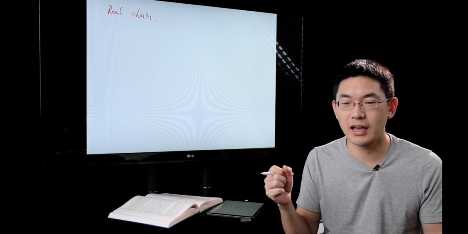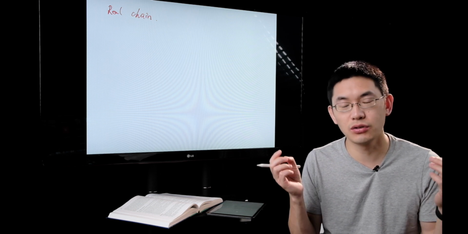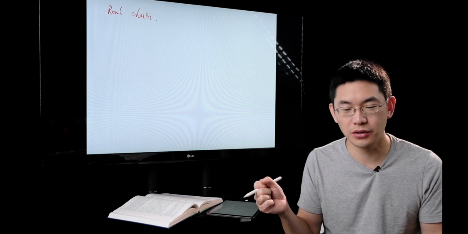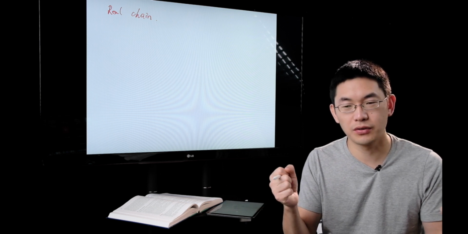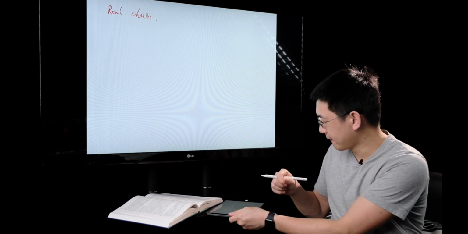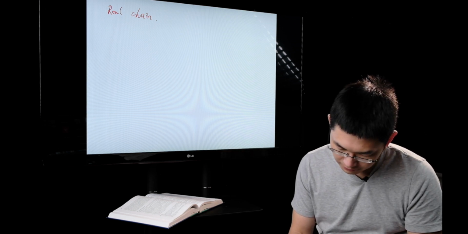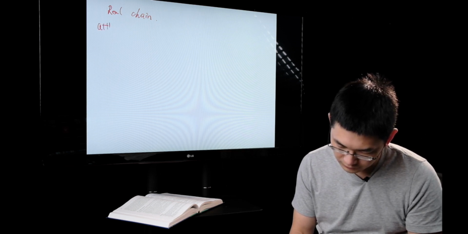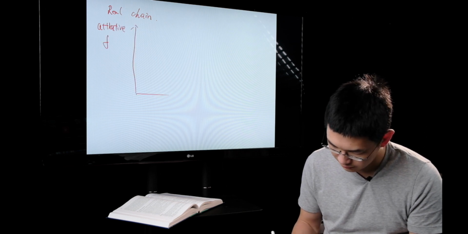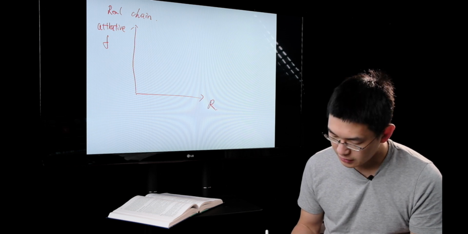If you have two objects getting closer and closer, at long distance you would have an attraction force due to gravity, and the attraction force increases as the distance decreases. So you can think about the force F plotted against distance R, which is just the distance between two objects.